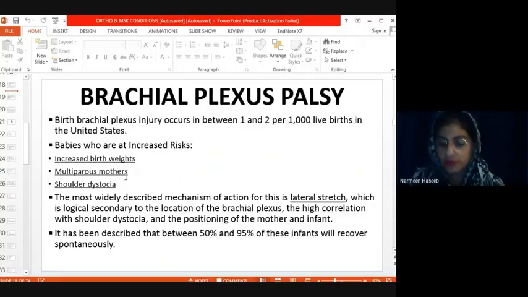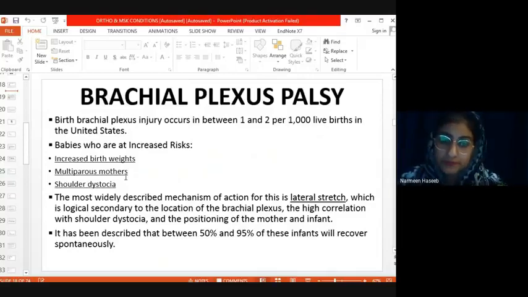Right after the delivery, if the anterior side of the baby's head gets stuck inside the mother's pubic bone, this is shoulder dystocia, and the sign of such a symptom will be that the baby's head will retract back directly into the vagina. This is known as the turtle sign. So that is shoulder dystocia. If it happens, the mechanism of action is the lateral stretch.